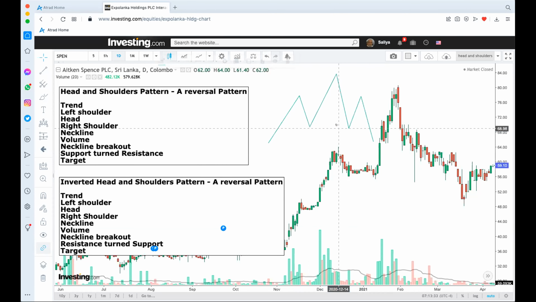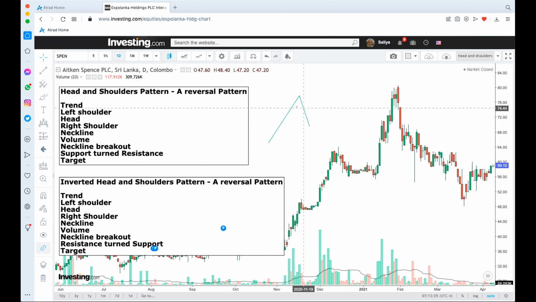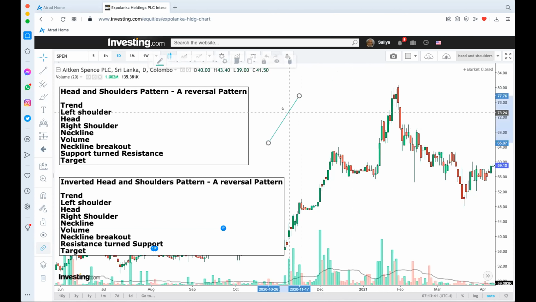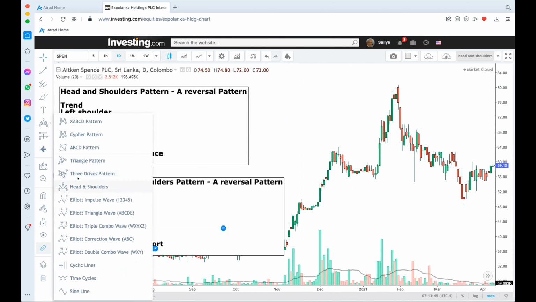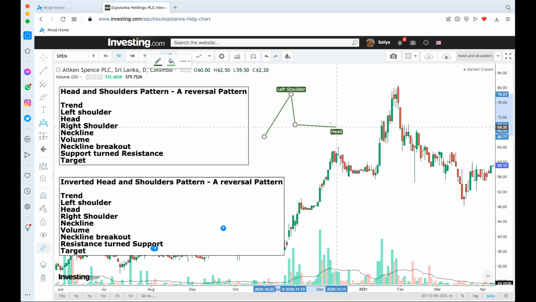Now, the same thing that we do by using the tool, like this. Here, you go to the head and shoulders. You do the same thing. It goes up, draws the left shoulder top, comes down. Each and every time you have to click. Sorry, let's do it again.